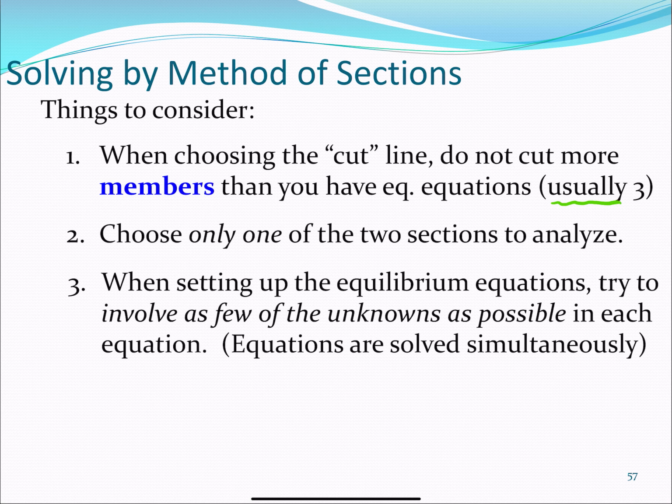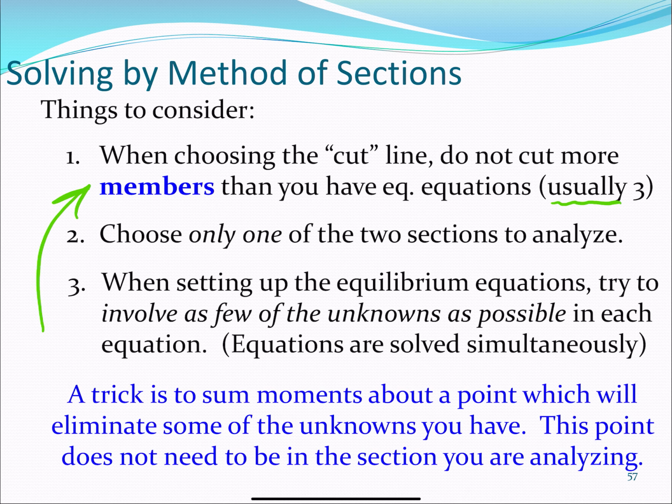Now, coming back to this point, we advise our students sometimes to only cut through three members because you have three equilibrium equations. But in fact, in certain situations, you can cut through more than three members, but certain conditions need to be met.